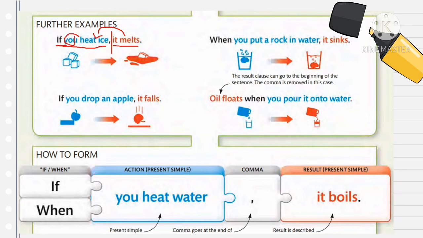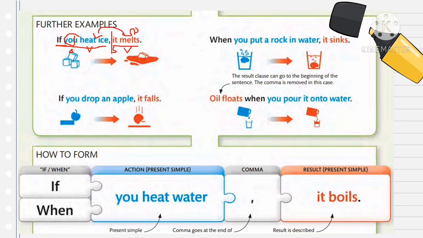If you is the subject, hit is the verb. The verb in the sentence is under simple present tense. Under the main clause, it is the subject and melts is the verb. Melts is under simple present tense.